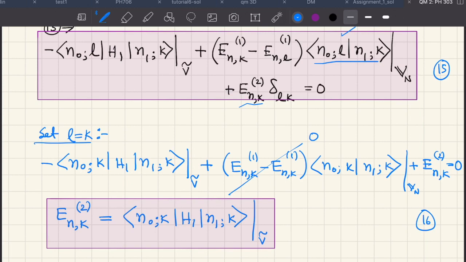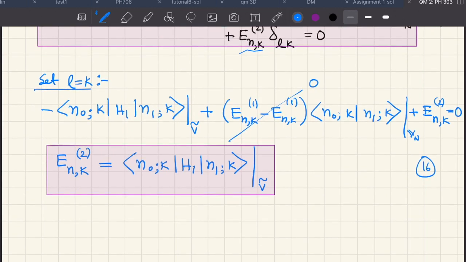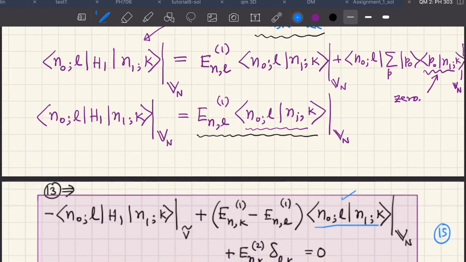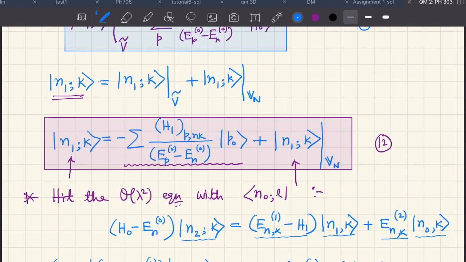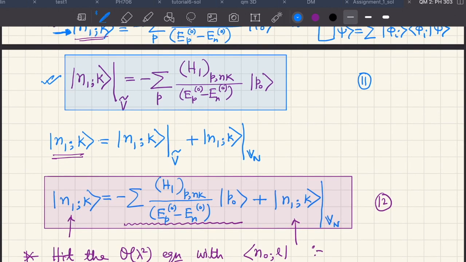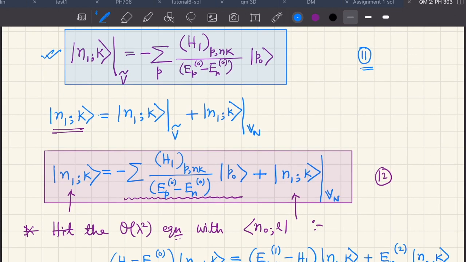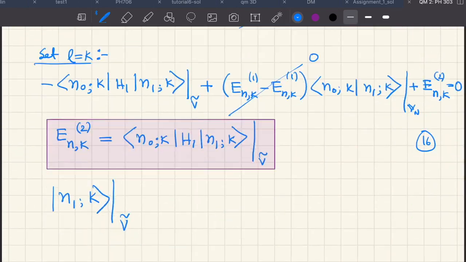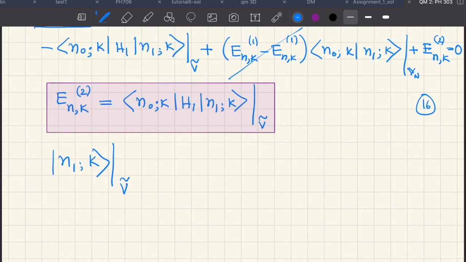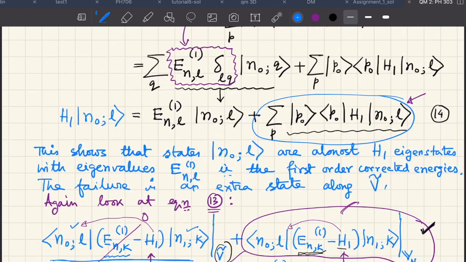But we know this |n1K⟩ along V tilde. What is |n1K⟩ along V tilde? We have obtained this already. If we go back, yes, equation number 11 was giving us |n1K⟩ along V tilde. I forgot.